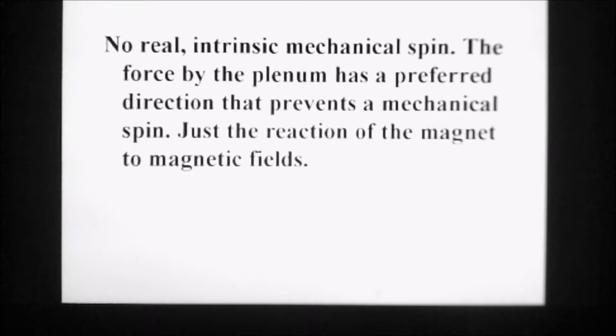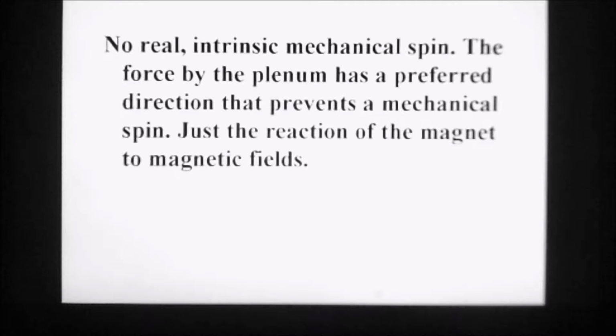The STOE suggests there is no real intrinsic mechanical spin. You remember that the electron is going to be oriented to the minimum surface area of the hods that is presented to the direction of movement. This prevents a mechanical spin as the electron moves.